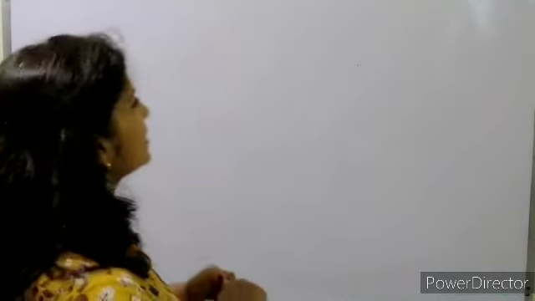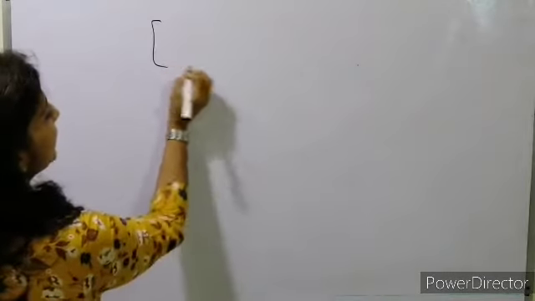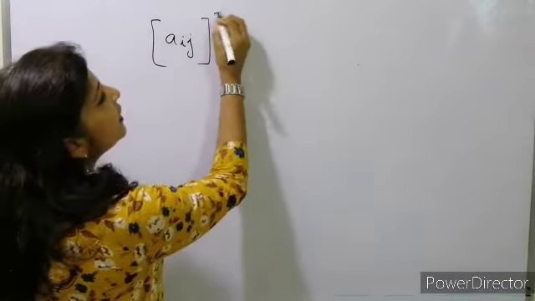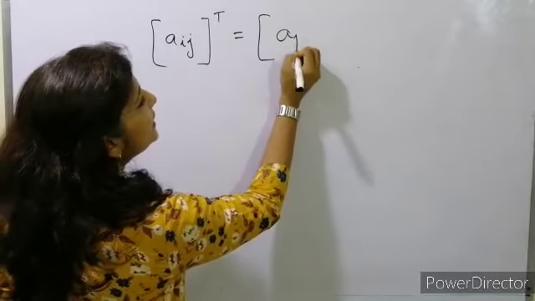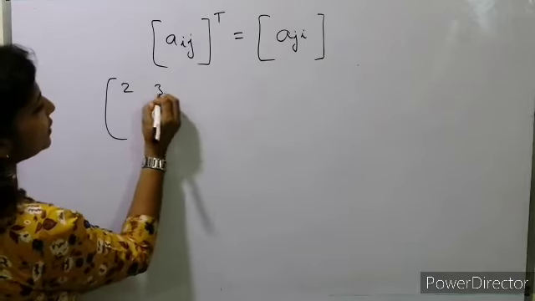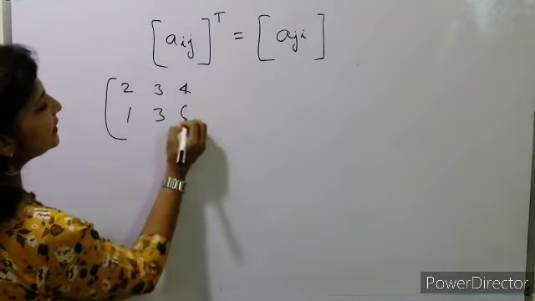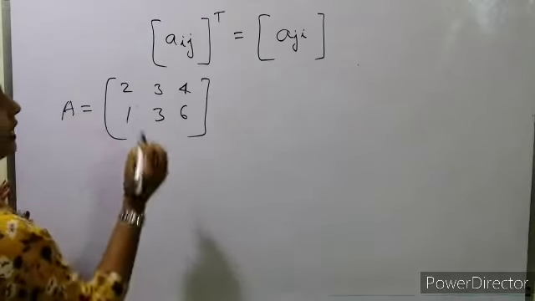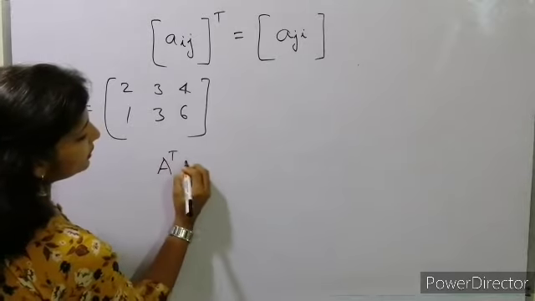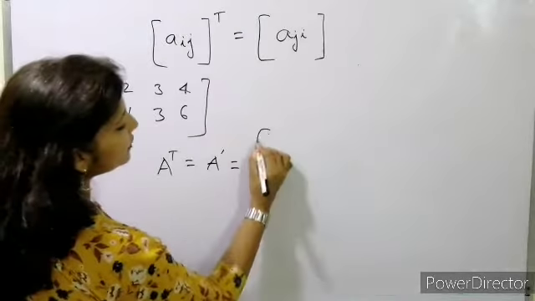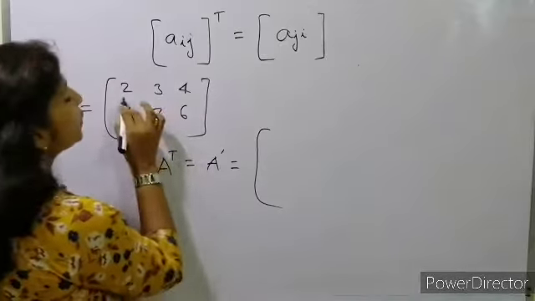First of all, we'll see what is transpose, just as a revision. If a matrix is given as Aij, then the transpose of this matrix will be Aji. It means if we have a matrix given as 2, 3, 4, 1, 3, 6, this is matrix A, and we have to find A transpose, or A dash as we also call it. Rows will become columns and columns will become rows.